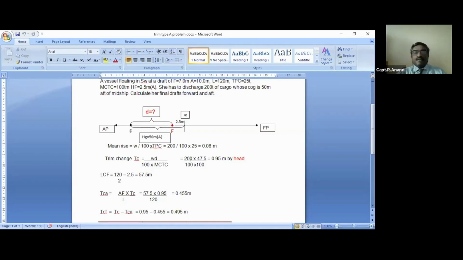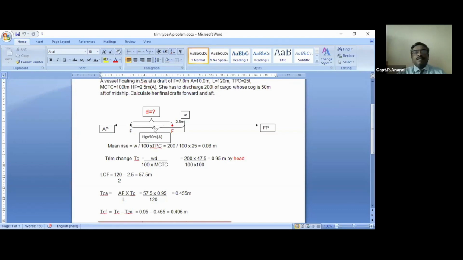W, 200 tons. Now, how did we get this 47.5? Let's go to this diagram. The center of flotation as given in the question was 2.5 meters aft of midship. This is the midship symbol. The weight which has been loaded is 50 meters aft of midship, the center of gravity of that weight. So HG, midship to center of gravity, is 50 meters aft.